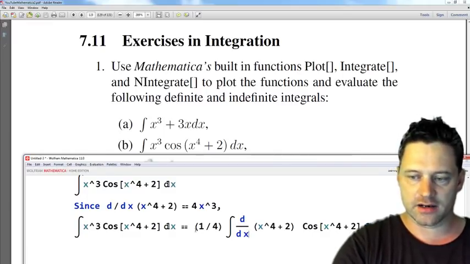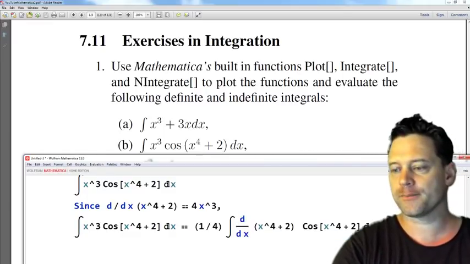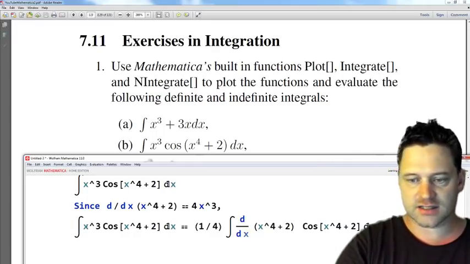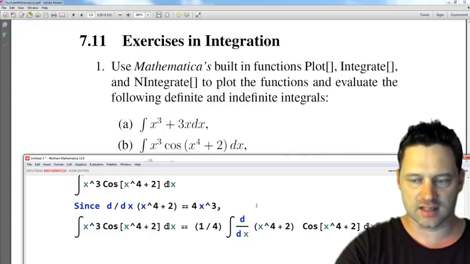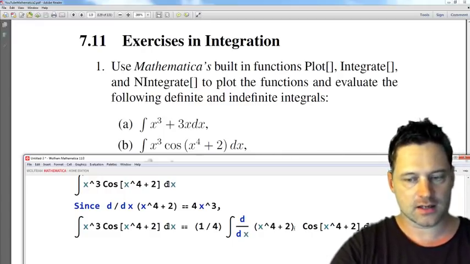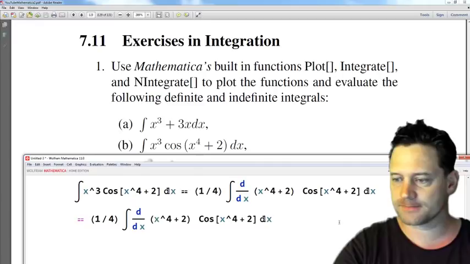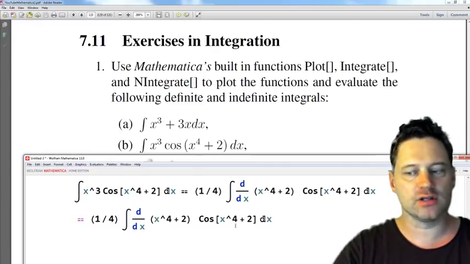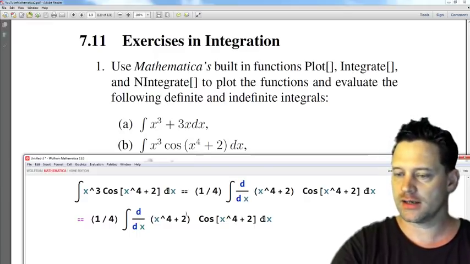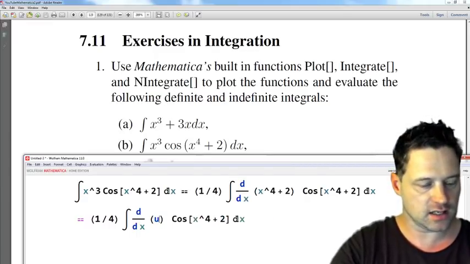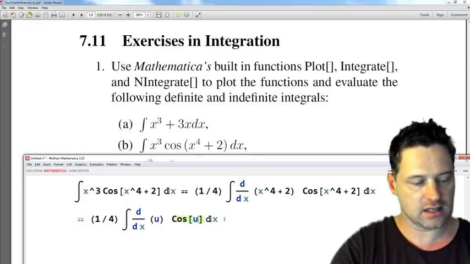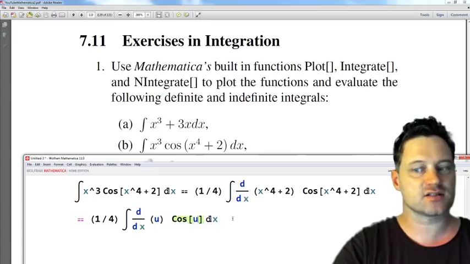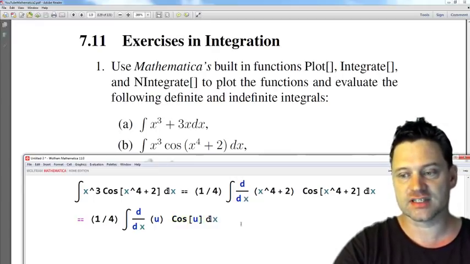Okay, so let's go down here and include a new line. Right, so here we've observed that that x cubed can be written as a derivative. Okay, our next observation is that if we introduce a new letter, let's say U, and I'll do that right here and right here, because if I say U is equal to x to the fourth plus 2, well then this is true, isn't it?